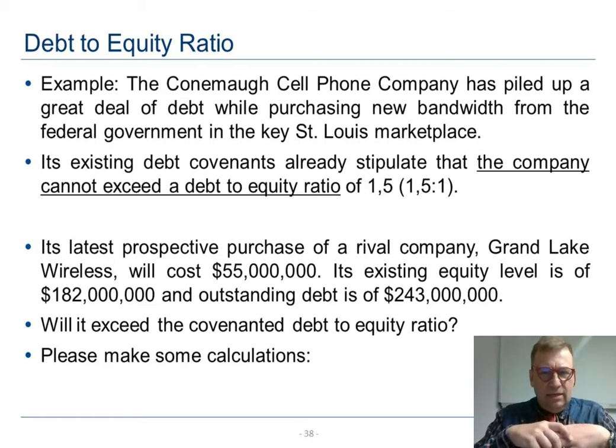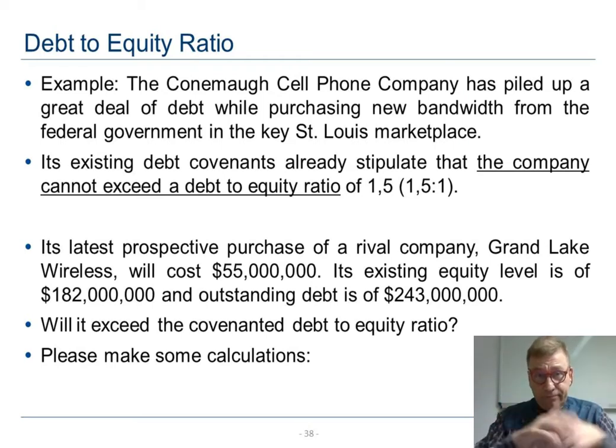So they cannot exceed this debt to equity ratio of 1.5, because the existing lenders say no, it's impossible, because the loan that we gave to you will be at risk.